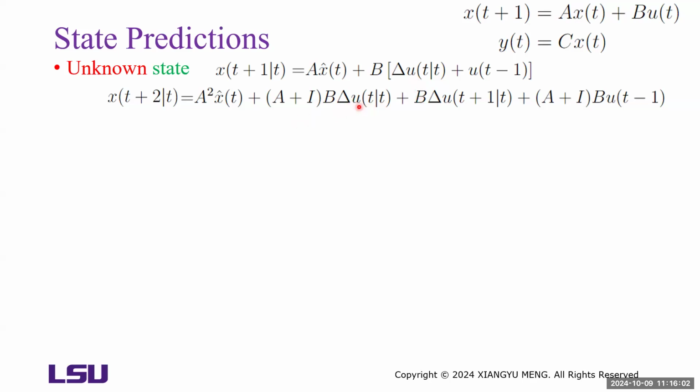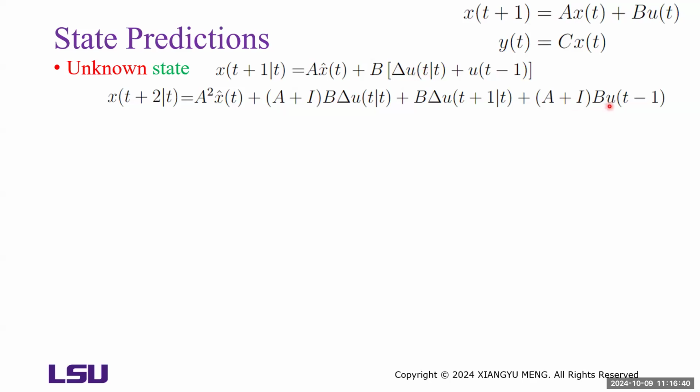For the control input, it increases with the time. For the coefficients, it's a polynomial of A, and the degree of the polynomial decreases. Here we have A to the power of 1, then A to the power of 0, which is I, so B delta u t|t. Then the coefficient of u t minus 1 has the same coefficients as delta u t|t.